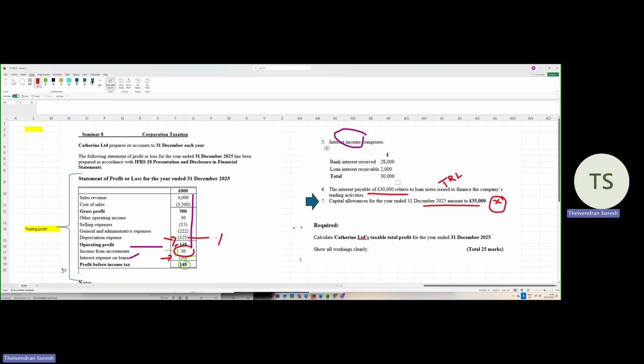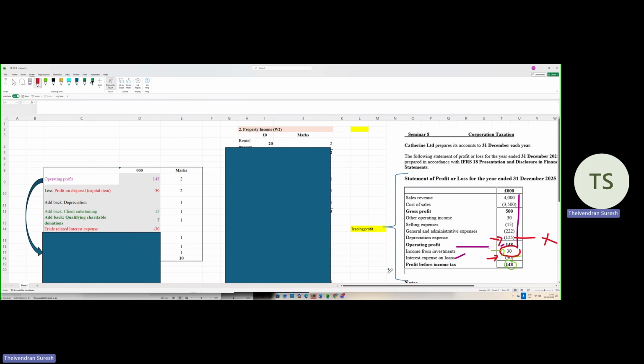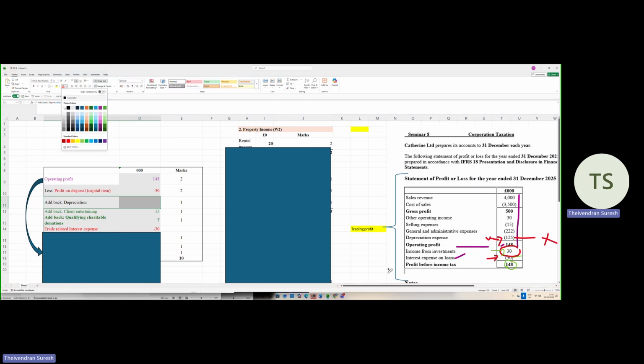Accounting depreciation is not allowed. It is a disallowed expenditure for tax purposes, so we need to reverse it. We need to add back the accounting depreciation, and we have done that too.